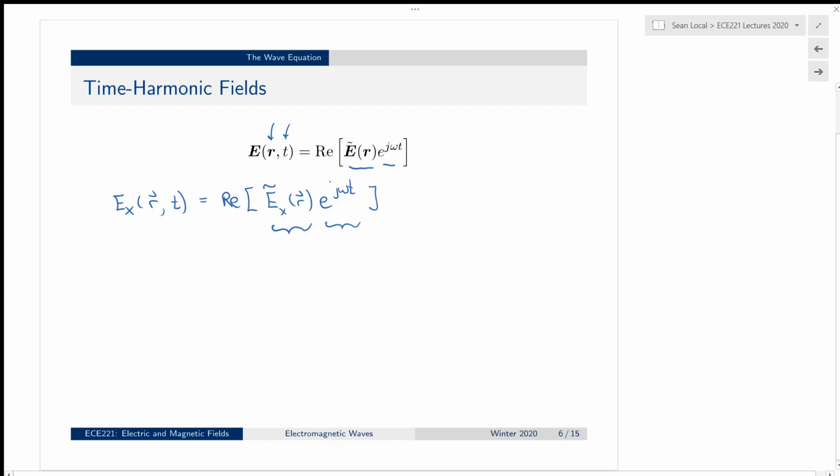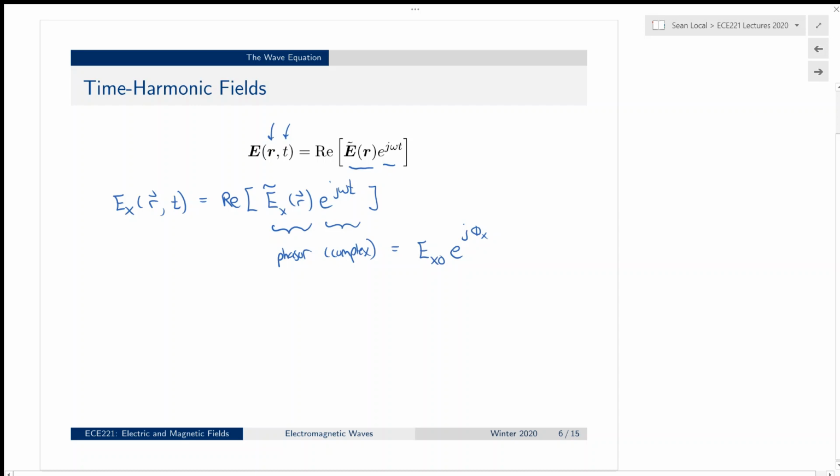Let's look at the first term. This is what we call a phasor. It's a scalar quantity, but it is complex, a complex number that captures both the magnitude and the phase of Ex. So we're going to let this be equal to, let's say, Ex naught for the magnitude, and then the phase might be e to the j phi sub x.